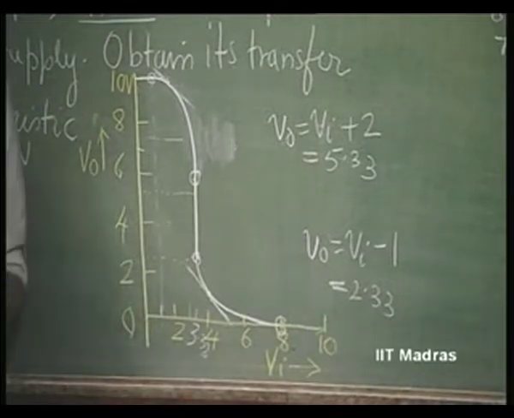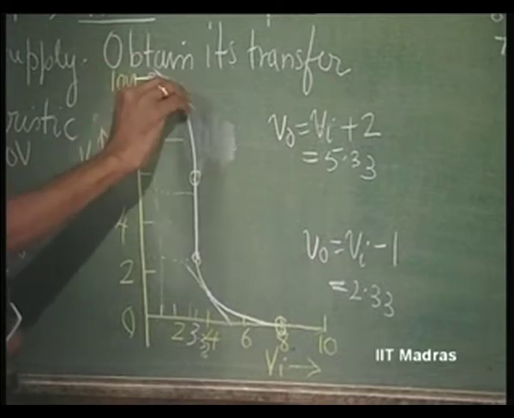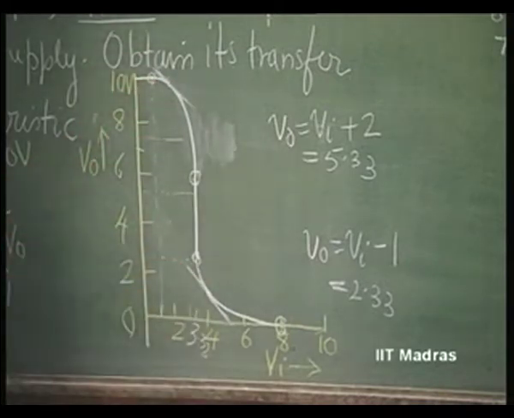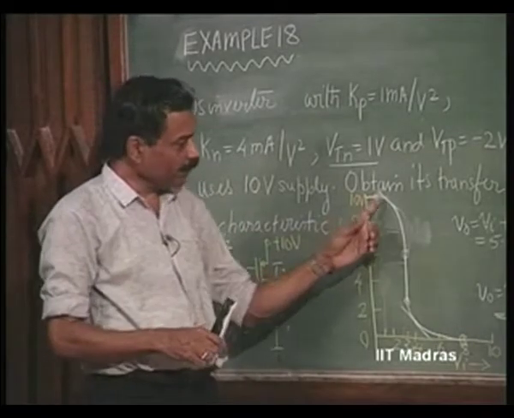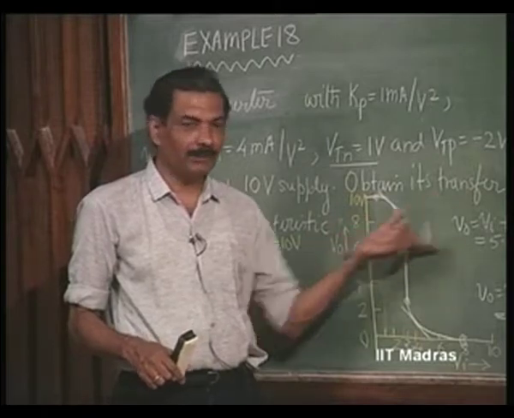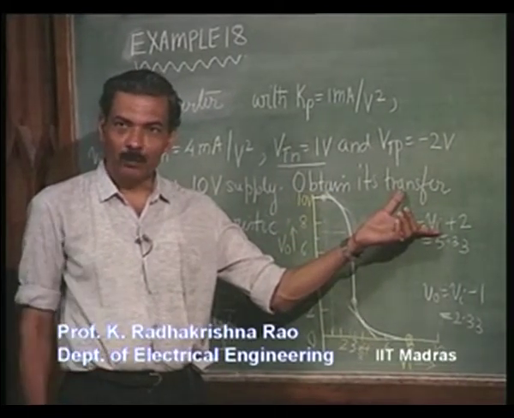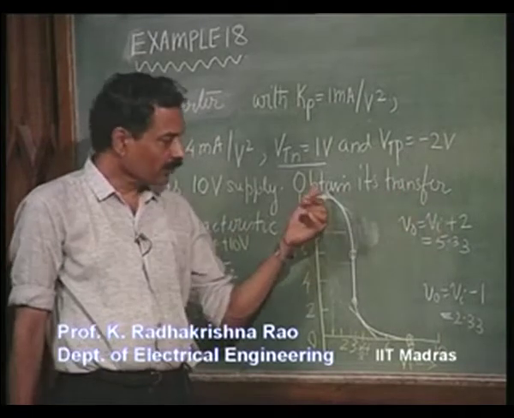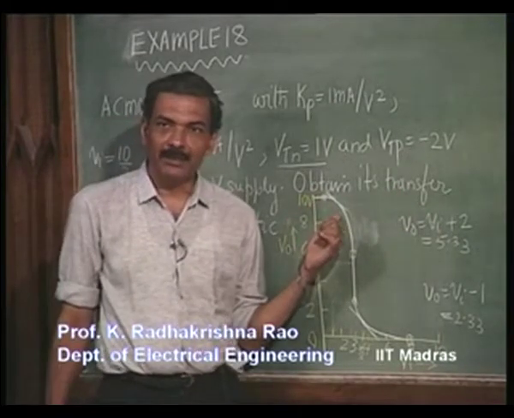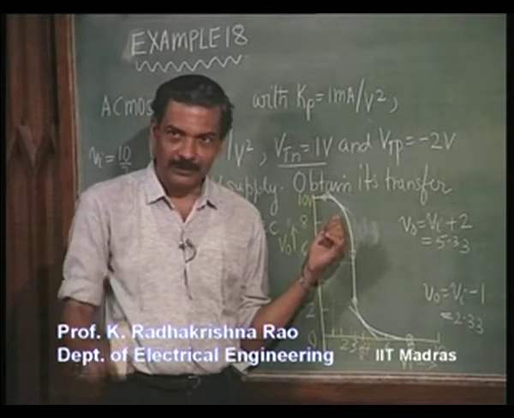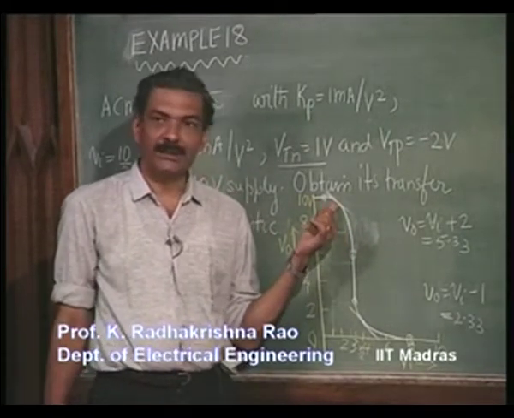The point at which dV0 by dVi becomes equal to -1: you already know the V0 versus Vi characteristics from the equation of currents being equal. From that equation you can obtain dV0 by dVi equal to -1, substitute that and find the point at which this occurs.